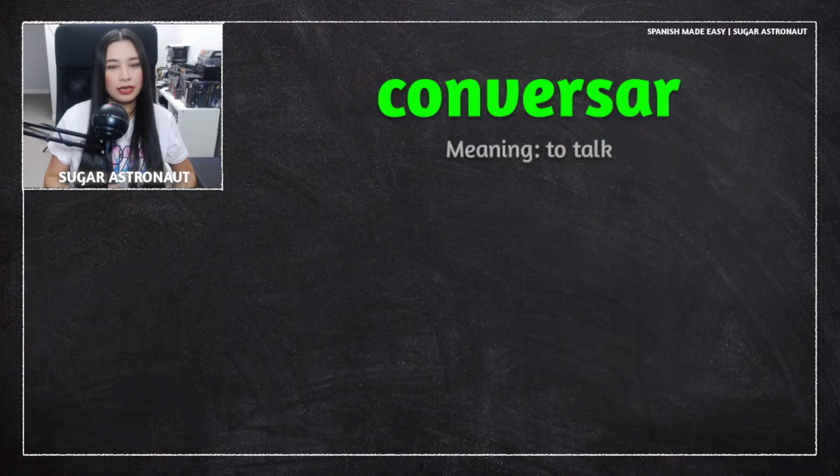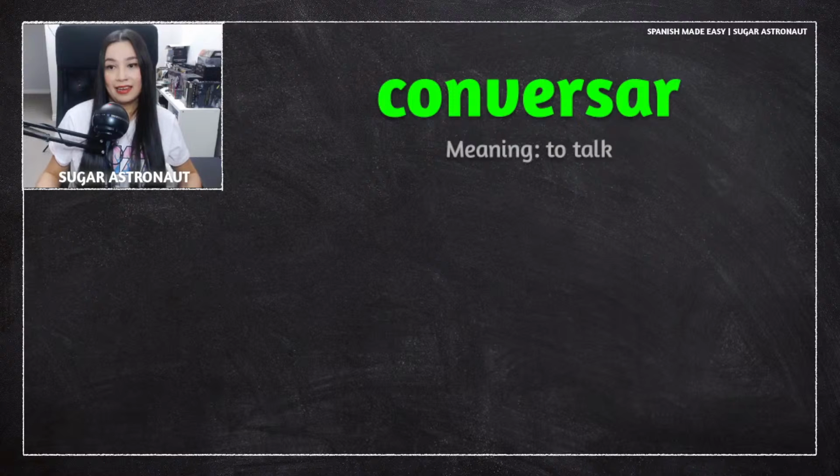Hablar is a very basic Spanish verb, but it's very versatile. So you can use it if you want to say, for example, hablas español, hablas inglés. Do you speak English? Do you speak Spanish? But you can't say, ¿conversas en español?